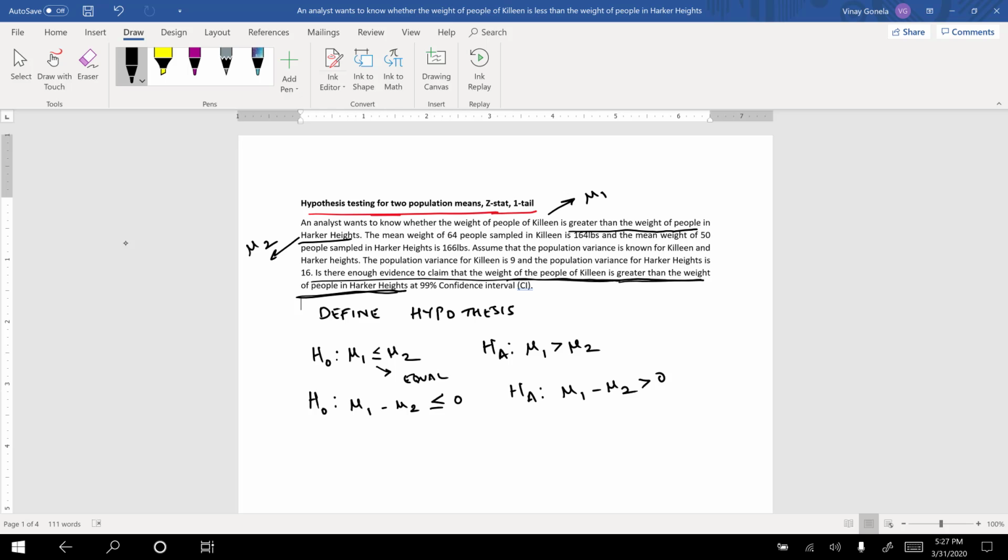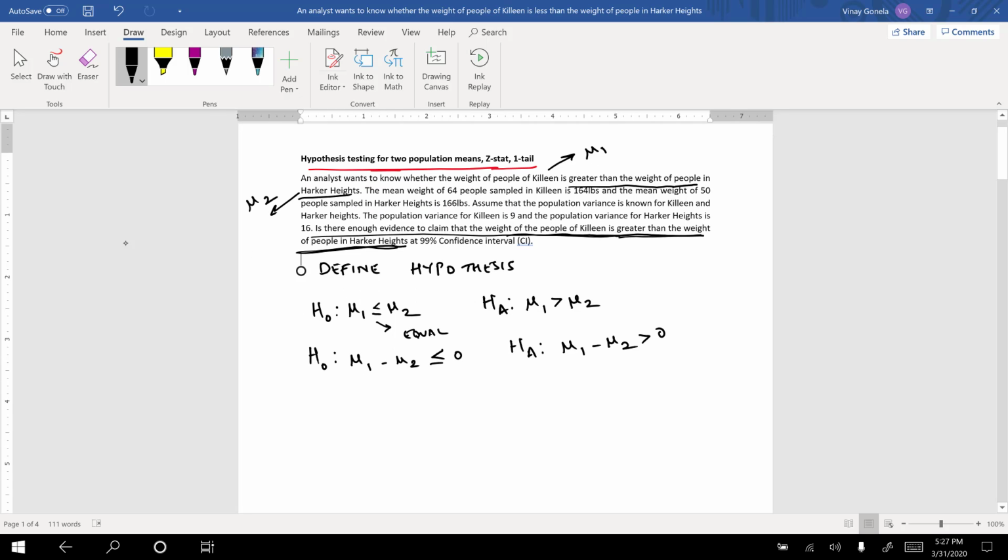So to analyze that, the analyst has done a sampling in Killeen and Harker Heights. So this data is given. The mean weight of 64 people sampled, so n1.